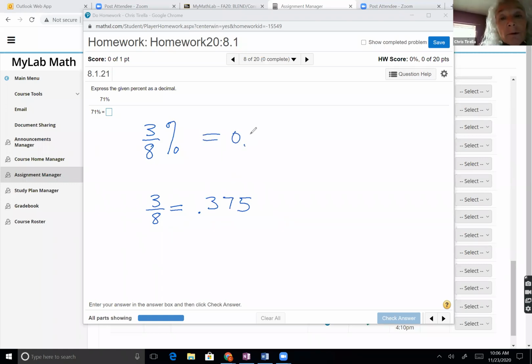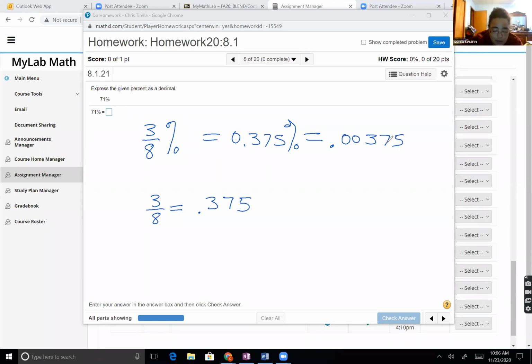So this is 0.375%. Then to change a percent into a decimal, you divide by 100. So that gives me 0.00375.